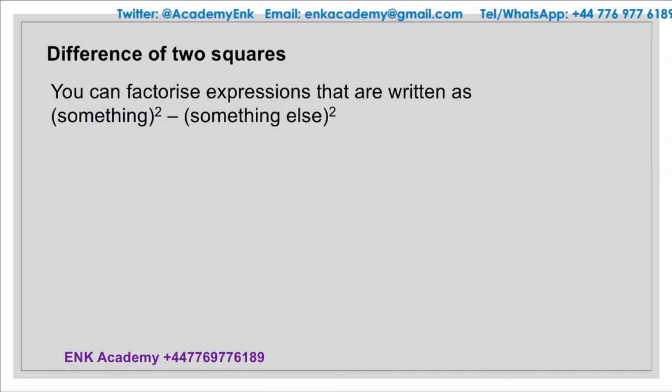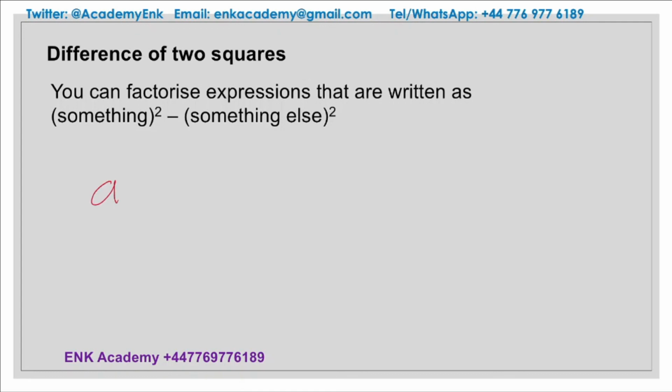Usually you may have the difference of two squares. You can factorize expressions that are written as something squared minus something else squared. For example, x squared minus b squared. The rule is simple.